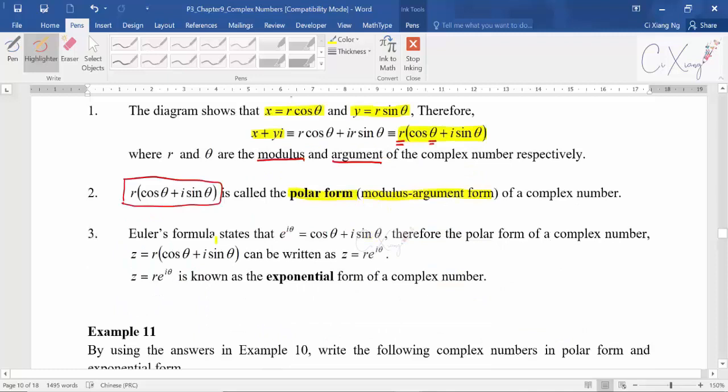When you want to express it in the exponential form, we use Euler's formula, saying that e to the i theta is equal to cos theta plus i sine theta.